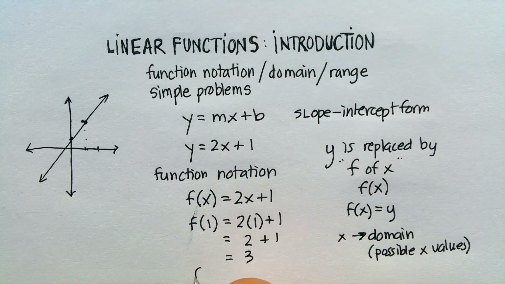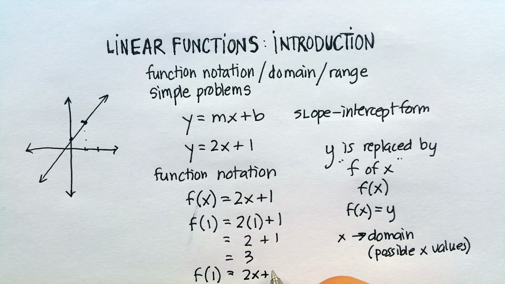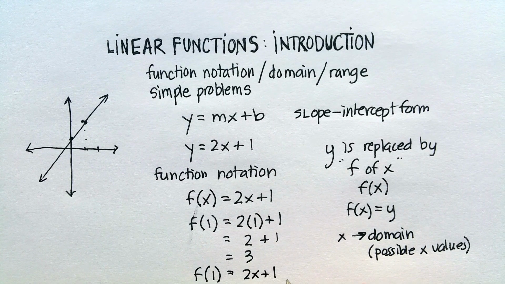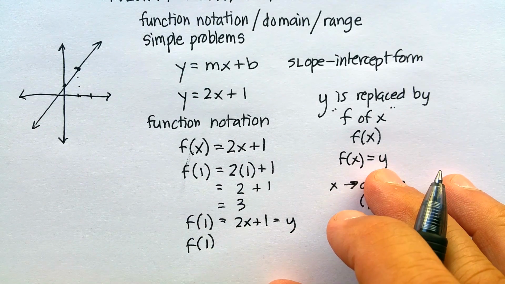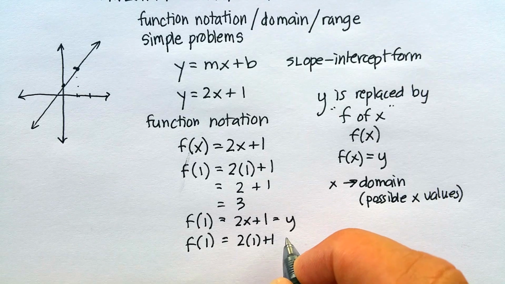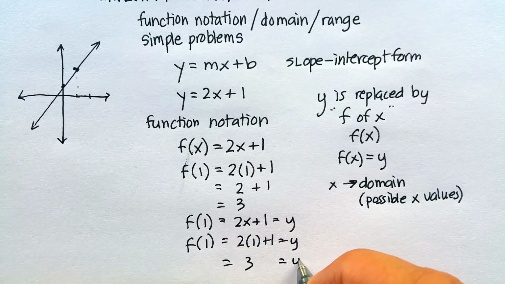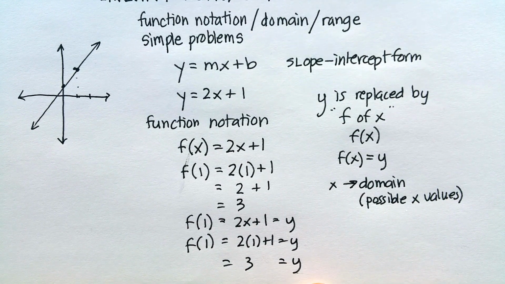So you would say f of 1, after it goes through this equation, or this function, is going to be equal to my y. f of 1, 2 times 1 plus 1 equals y. Then you solve. y is equal to 3.